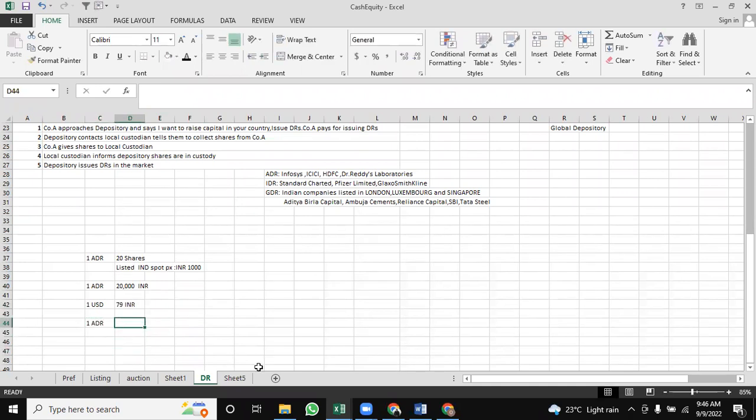If 1 USD equals 79 INR, your ADR value is 20,000 INR, right?